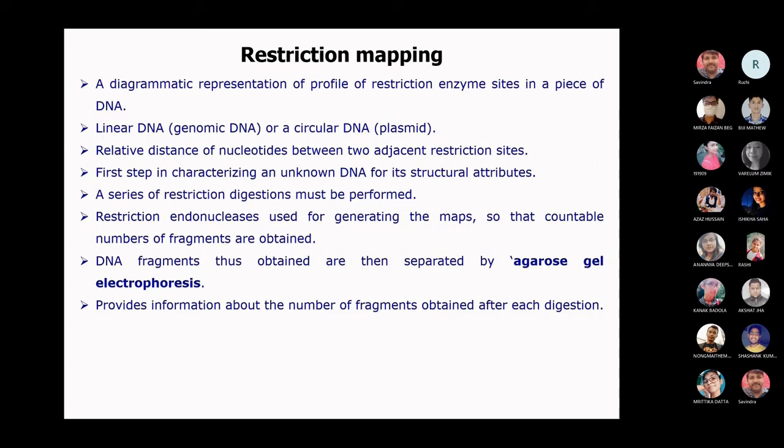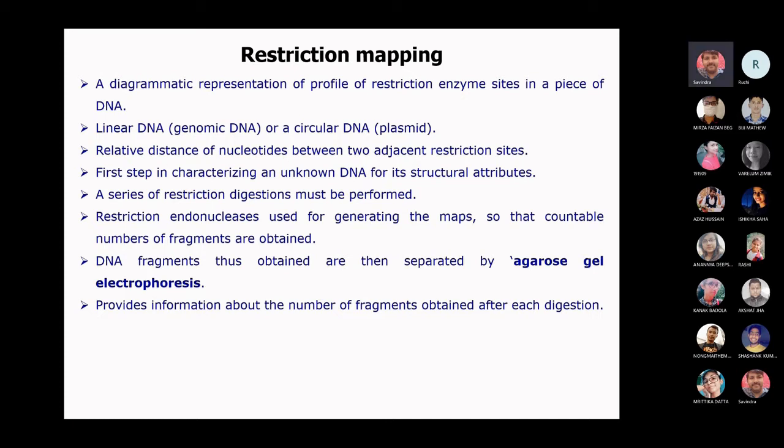So one. Okay. And if you do not cut it, how many fragments will you have? In the circular case, whether it has a single site or no restriction site, both cases remain the same. In both cases you will have only one fragment.